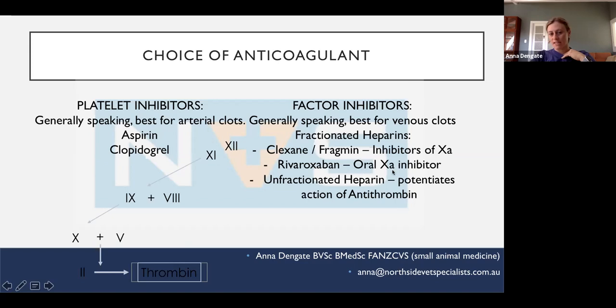And I don't know what effect it has on the rivaroxaban. But it's just nice to have that safety net of being able to reverse it if you've got significant bleeding. Particularly perioperatively, like we do this in dogs with adrenalectomies and things like that, so really high clotting risk. We often use unfractionated heparin CRIs, and then if they've got significant strike-through in the post-operative period or bleeding, we just reverse it.